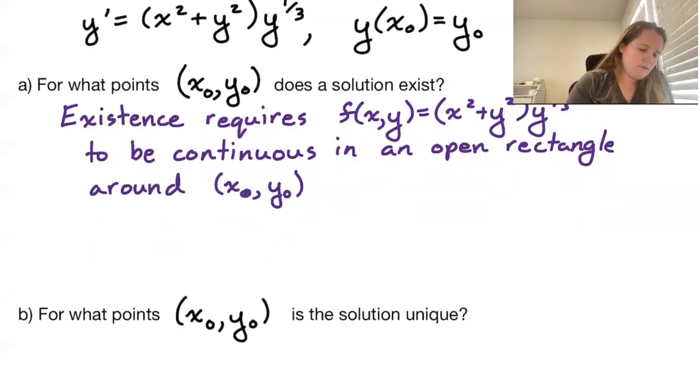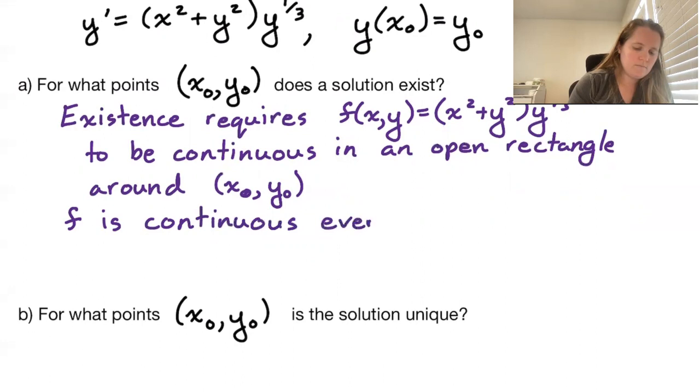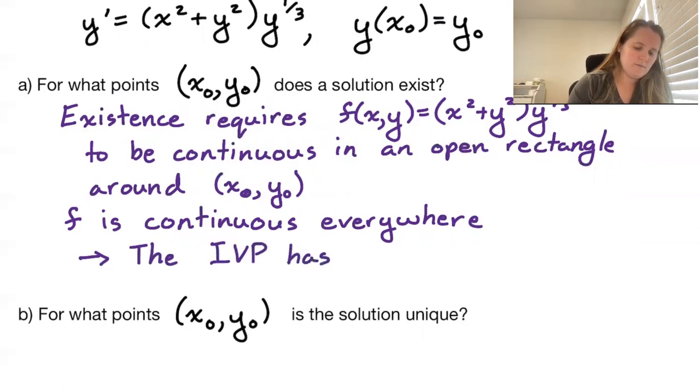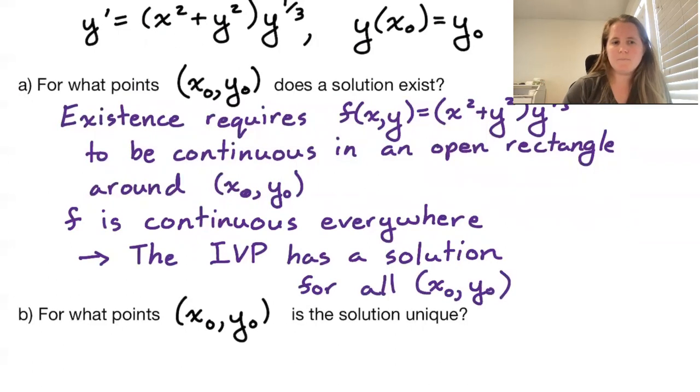So f is continuous everywhere, and we have no problems. And so we get that the IVP has a solution for all x naught, y naught, no conditions required.